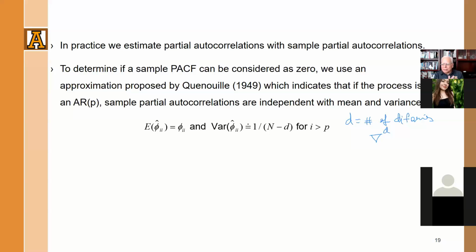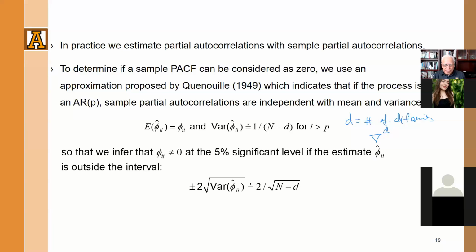So the standard deviations will be approximately equal to 1 over square root of n, and that's how those blue bands are drawn. What is n? Is it the size of the sample? Yes, if I have n observations, n is the number of observations.